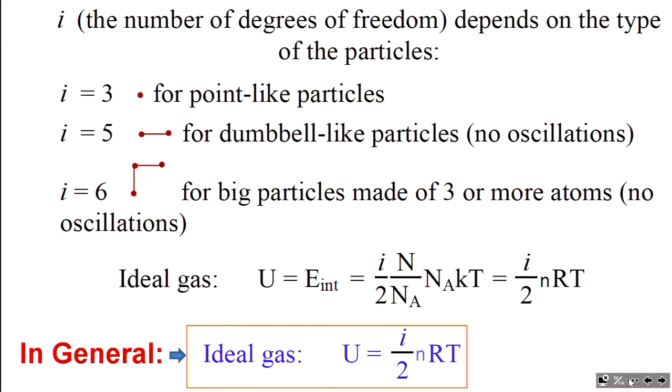For a diatomic gas, we have to add 2 more degrees to describe how it rotates about 2 additional independent axes. And for polyatomic gas, we have 3 translational degrees, plus we have to add 3 rotational to describe rotation about 3 independent axes.